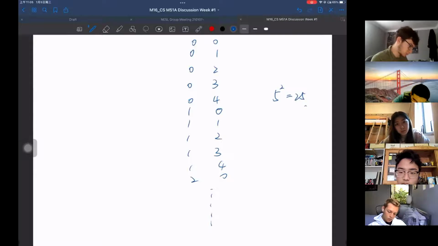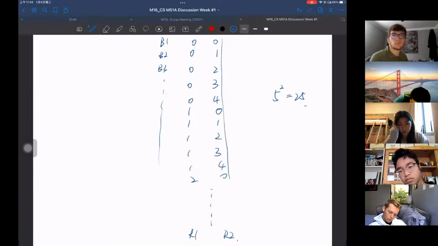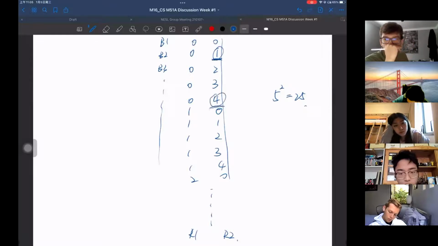So how can we do it? This is B1, B2, B3, and so on, and R1 and R2. We follow this order to drink. We ask rat 2 to drink B2 at the beginning, and it should also drink B5 at the beginning of the 3rd hour, and so on and so forth.